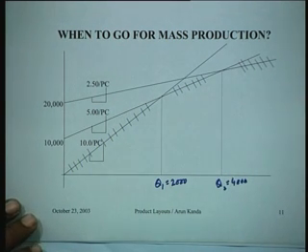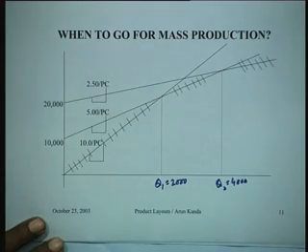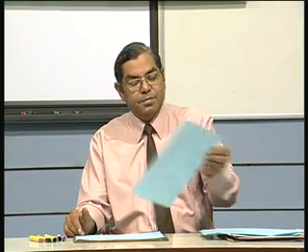So these kinds of decisions actually have to be taken before you try to find out whether you should go for mass production and when you should go for mass production. So it is essentially an economic decision. Let's now talk about the design of the assembly line.